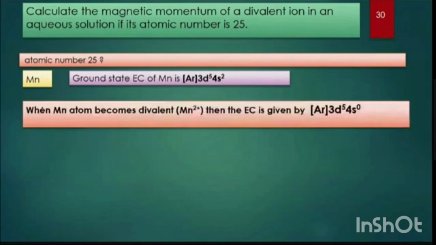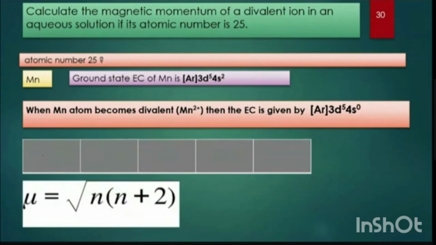Here we have to find the magnetic moment of not the Mn atom, but Mn2 plus. So when the Mn atom becomes divalent, that is Mn2 plus, the electronic configuration is argon core 3d5 4s0, because it has lost the 2 electrons present in the 4s orbital. Now in the 3d orbital we have 5 electrons.